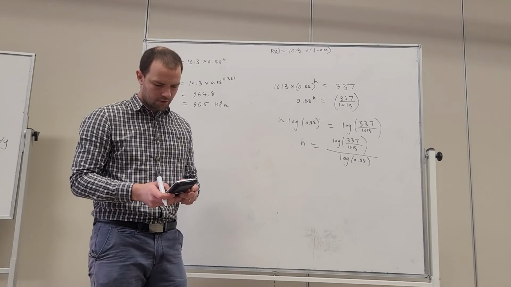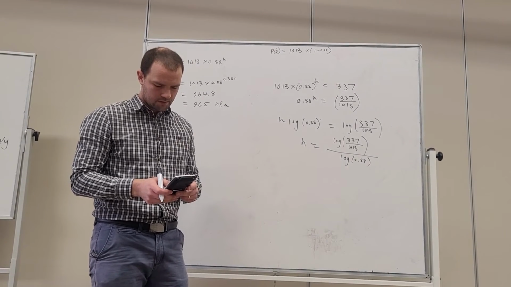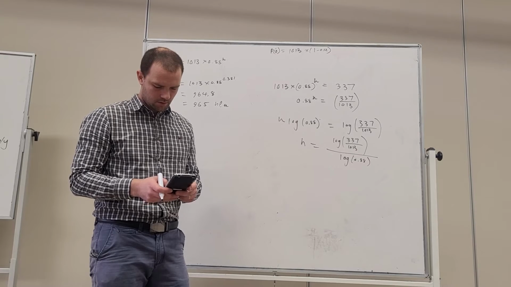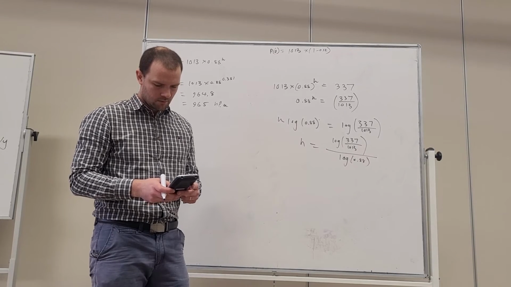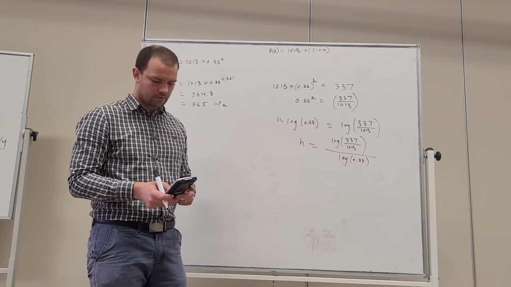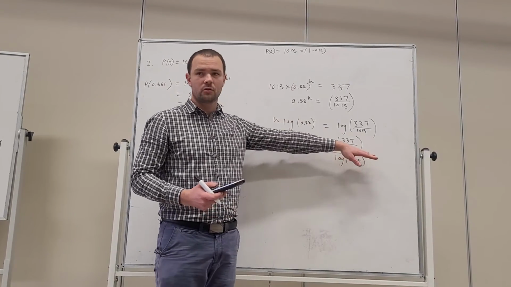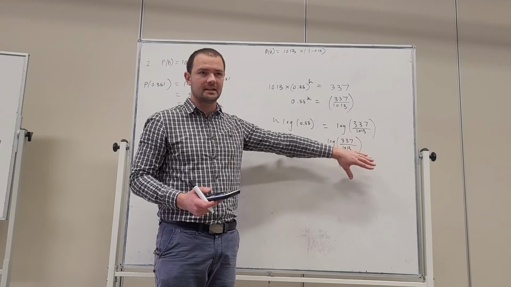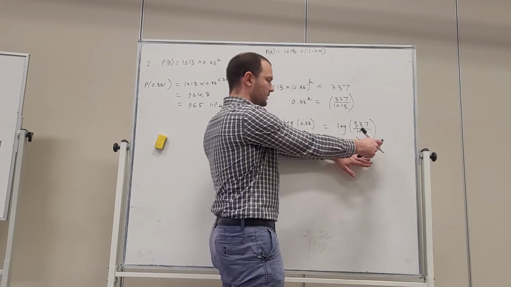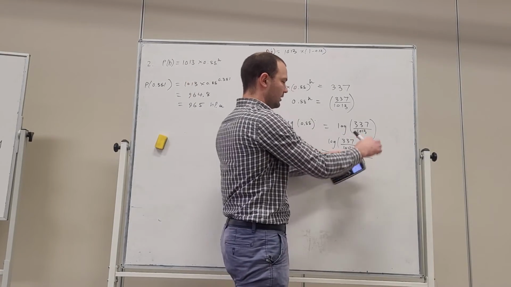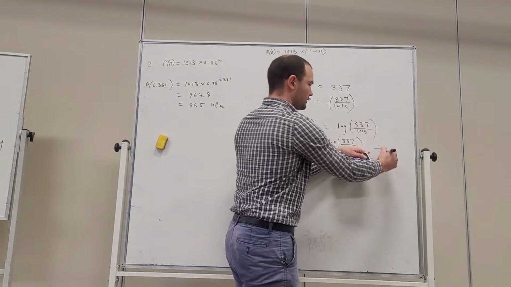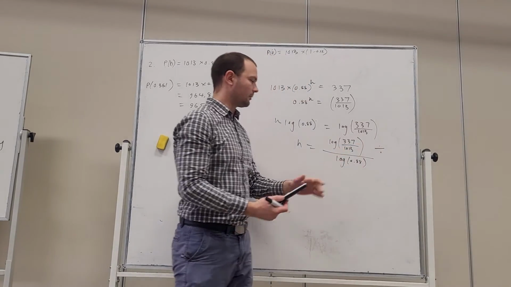So we're going to have log 337 on 1013. And what I'm also going to do, I'm going to treat it as two separate entities. This is what I'm typing in my calculator. I'm typing this in, and then I'm going to type in the divide button, and then I'm going to type in this.